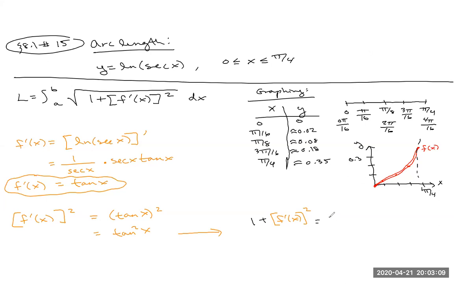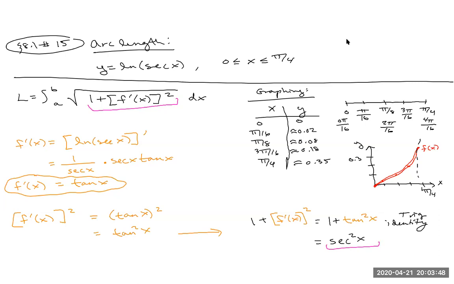So we're going to have 1 plus tangent squared x. And remember, that's a trig identity. This actually would come out to secant squared x. Okay, so let me go ahead and save that portion. Essentially, what we're going to be doing is plugging in this portion right here. Okay.